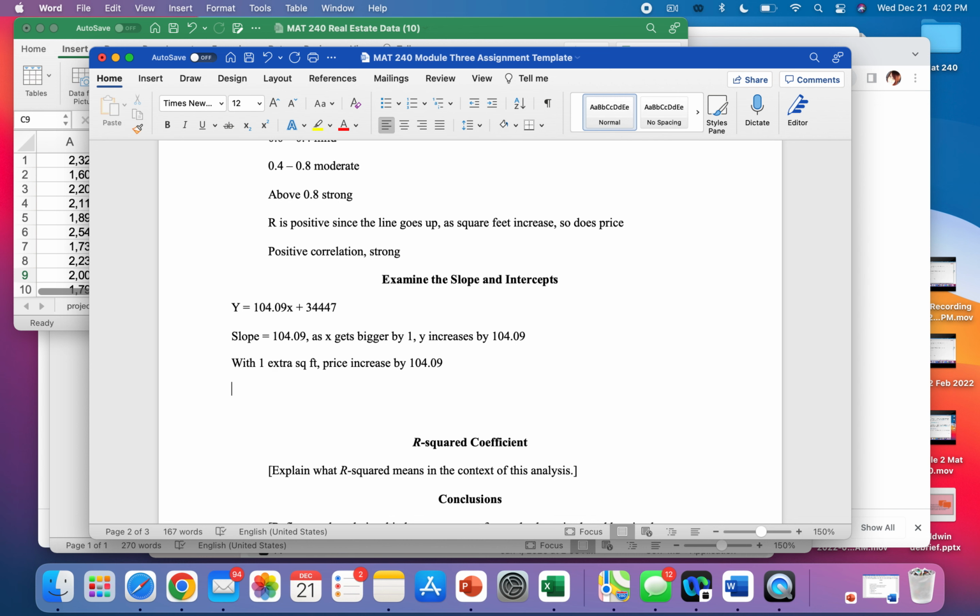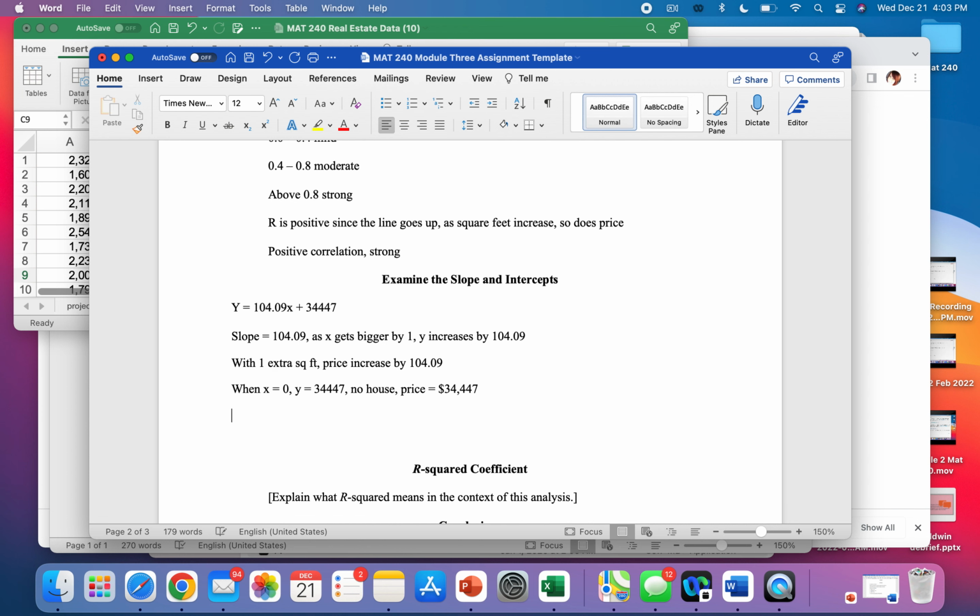Another way of thinking is when x equals 0, y equals the intercept, 104.09 times 0 plus the intercept would give us just that value, which means when there's no house, the price equals that value.